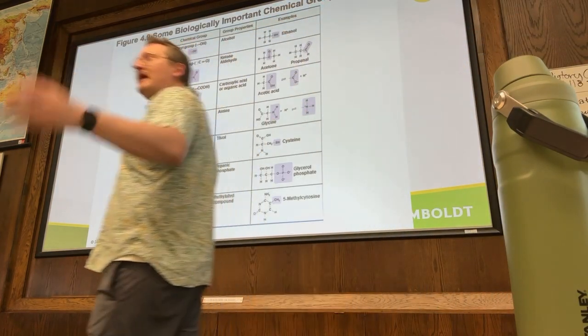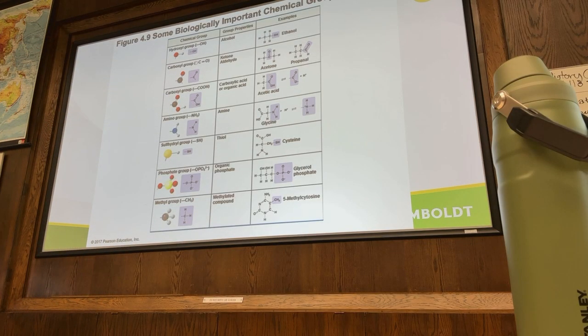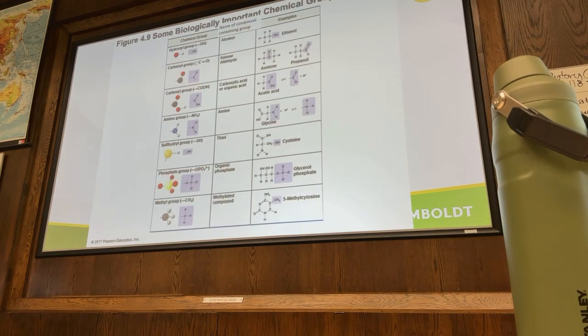Maybe you've heard of a sugar alcohol as an example. That should make you think, oh wait, OH groups are alcohols. Interesting. What does this mean? All right, I know there's hydroxyl groups in sugars. But also, there are many other functional groups that you're going to see in different molecules.